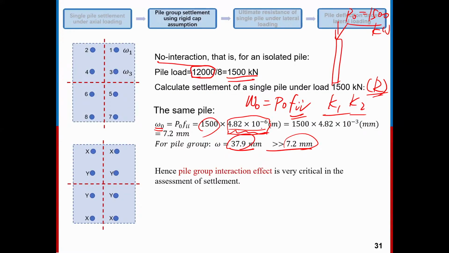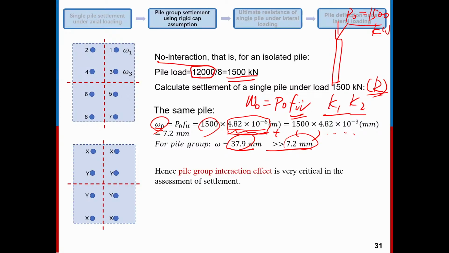For the 8 piles condition, we have 7 other items here, right? 7 other items to contribute to the settlement. So you can conclude that if we consider the pile group, the settlement will be much larger than for the single pile, even though the average loading is the same, okay?